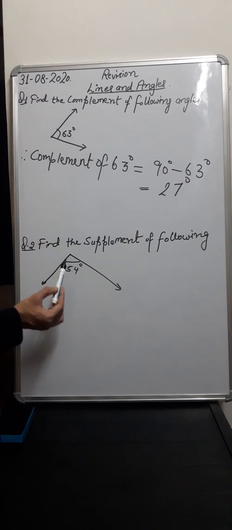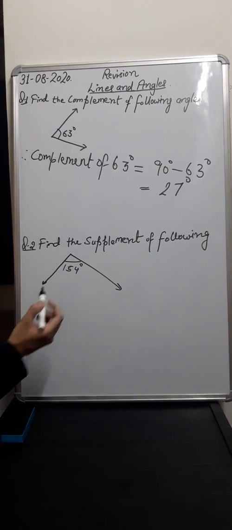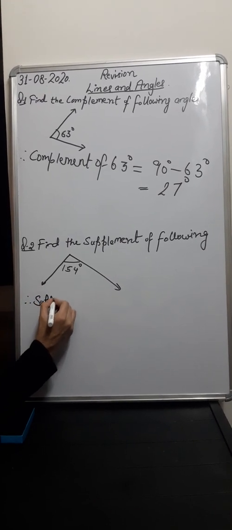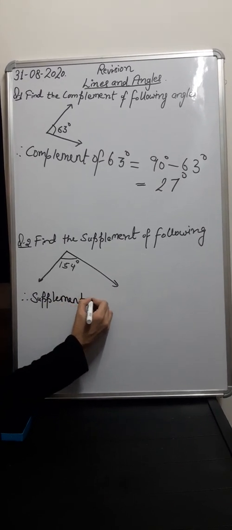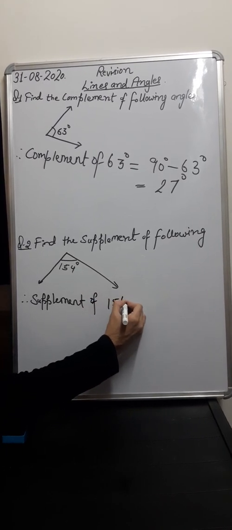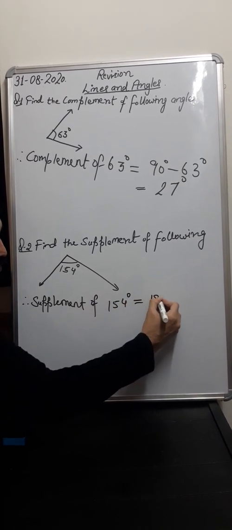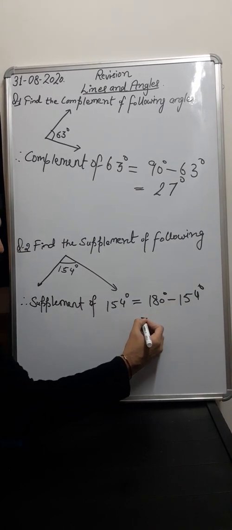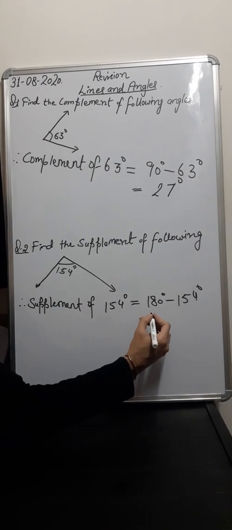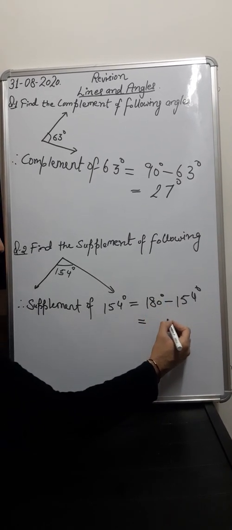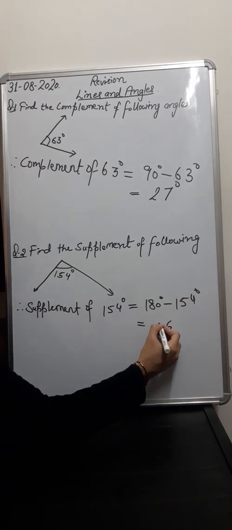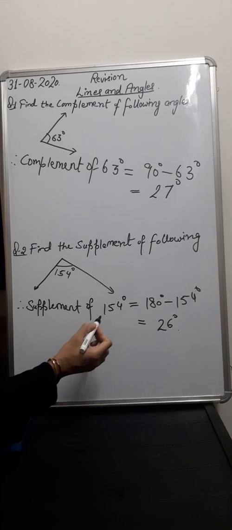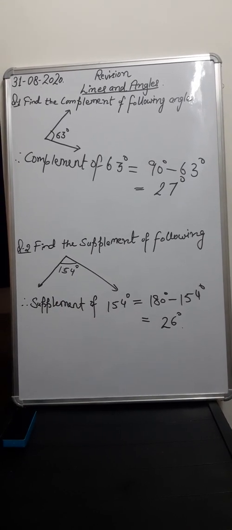Here we have to find the supplement of 154 degrees. So the supplement of 154 degrees equals 180 degrees minus 154 degrees, and when you subtract it, you will get 26 degrees. So the supplement of 154 is 26 degrees.